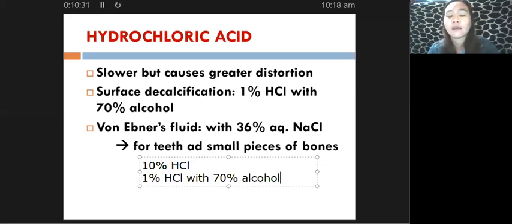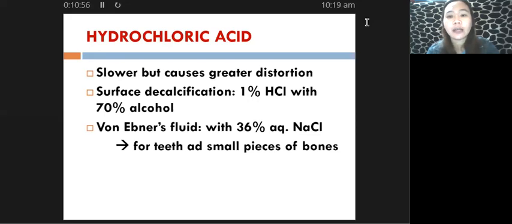Okay, for teeth and small pieces of bone samples. All right. Another thing that you have to remember for your hydrochloric acid, it cannot be measured by the chemical test that we use to measure or to determine complete decalcification.